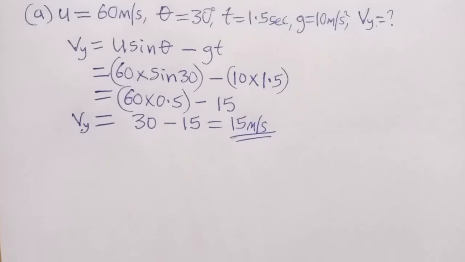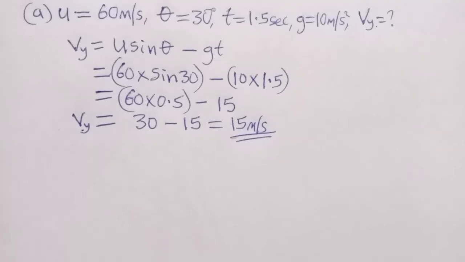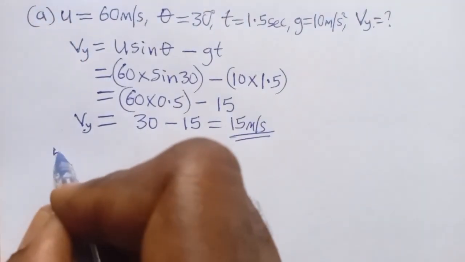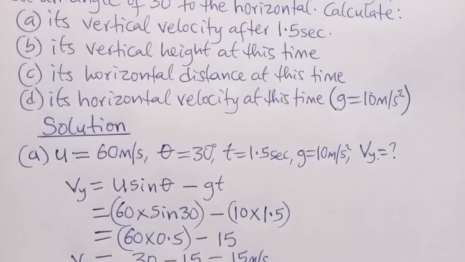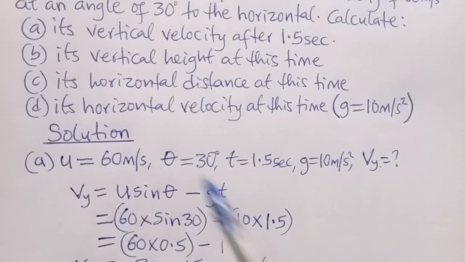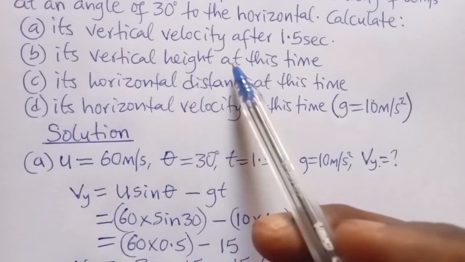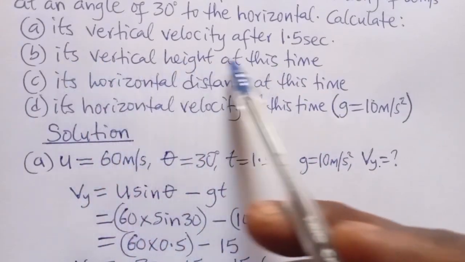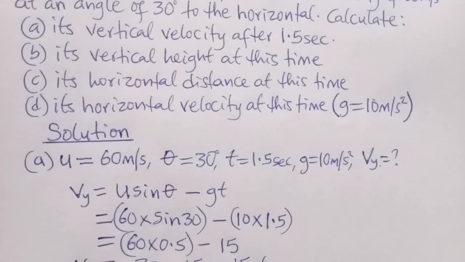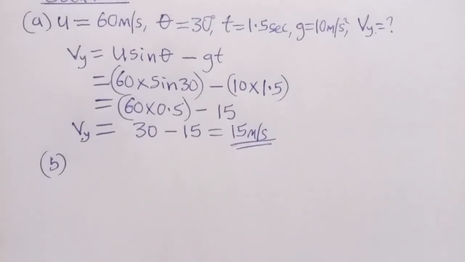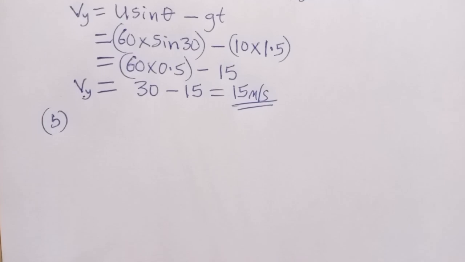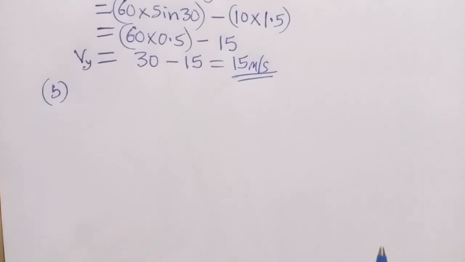Now let's move to the second part of the question, and that is the B part of the question. The B part of the question says that we should calculate its vertical height at this time. So we have to calculate vertical height in this question. And for us to calculate the vertical height, we can also apply the formula that will help us get vertical height directly.